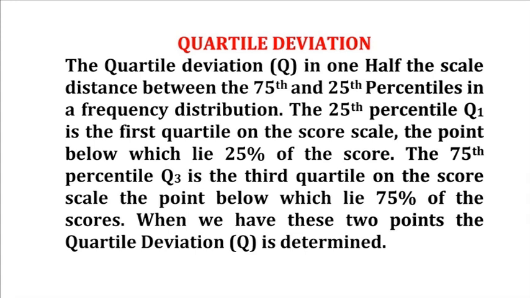The 75th percentile, Q3, is the third quartile on the score scale, the point below which lie 75% of the cases. And when we have these two points, the quartile deviation is determined.